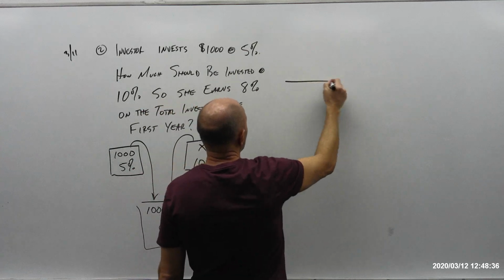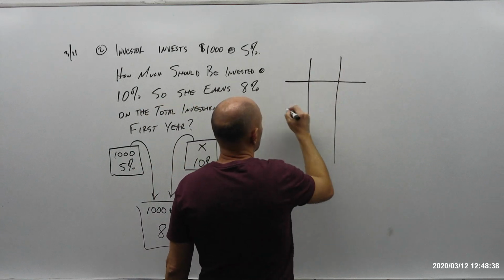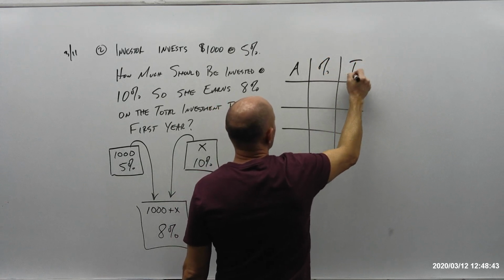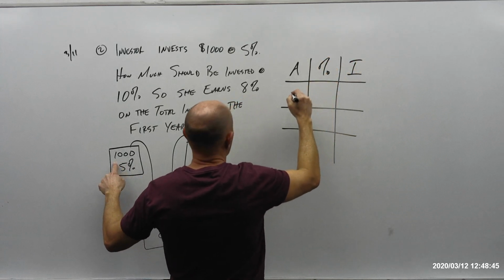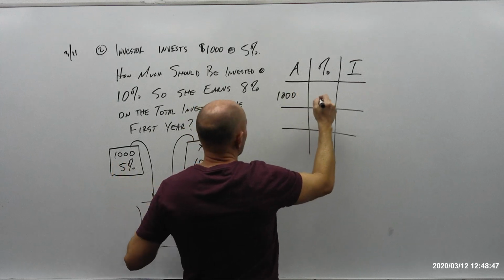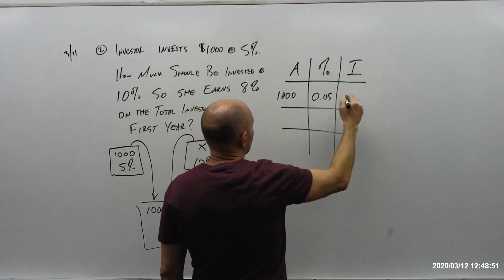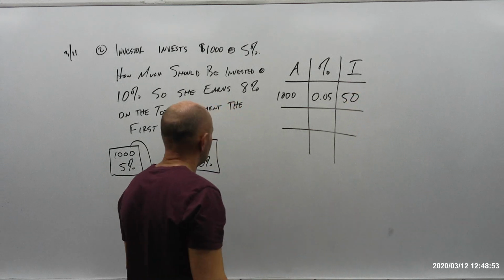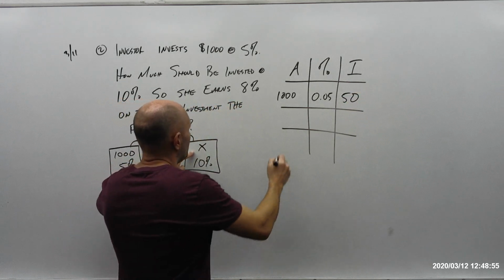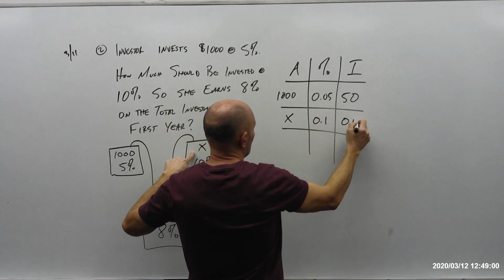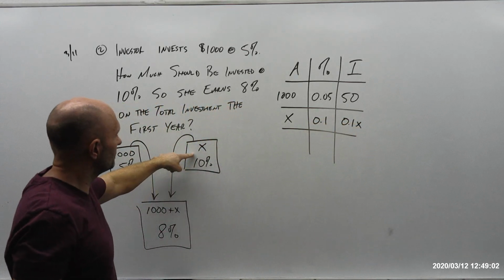So in our table, we have amount, percent, and interest. So the first one is 1,000 at 5%, so 0.05. Multiply that across, we get 50. And then this one, x, times 0.1, so 0.1x goes in that box.